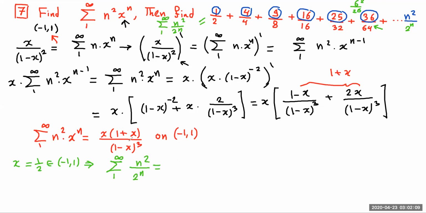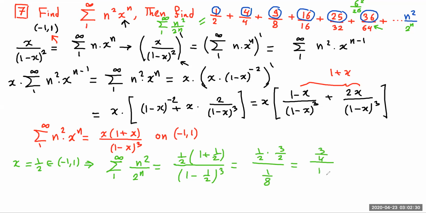This is equal to, instead of x, a half times (1 plus a half) divided by (1 minus a half) power 3. So this is a half times 3 over 2 divided by 1 over 8, so it's 3 over 4 divided by 1 over 8. So the answer is 6. This is the final answer of this addition.